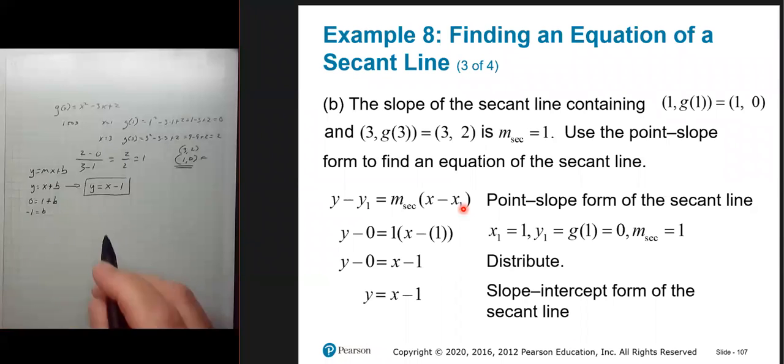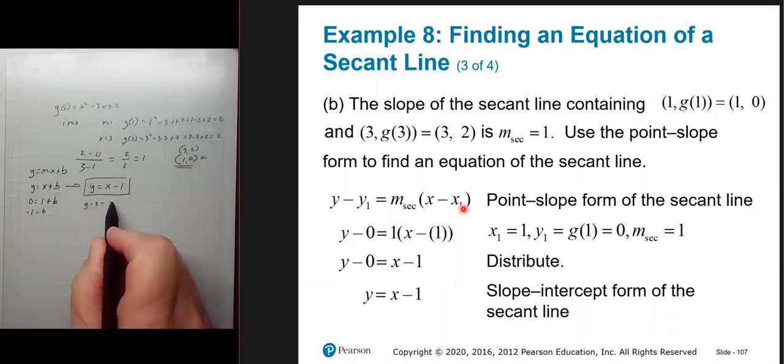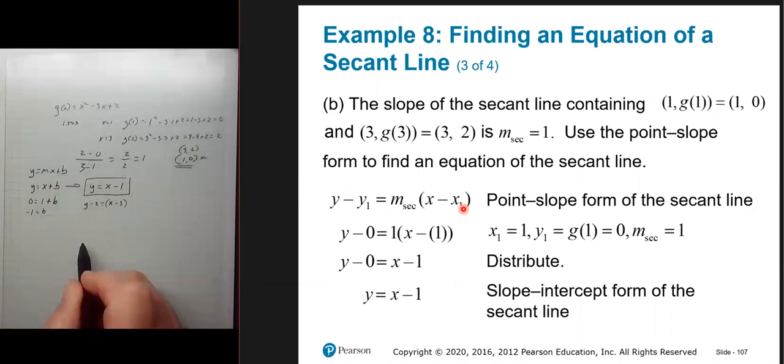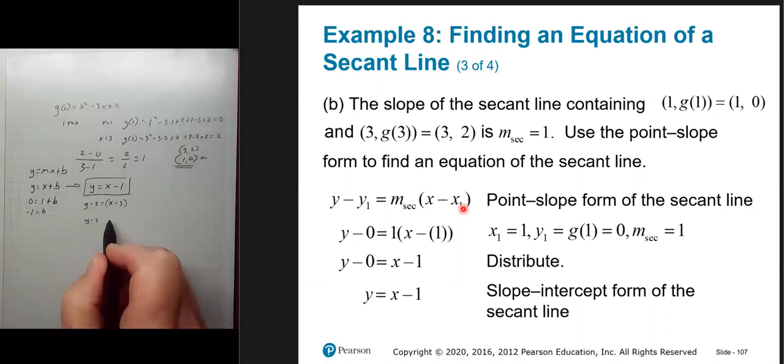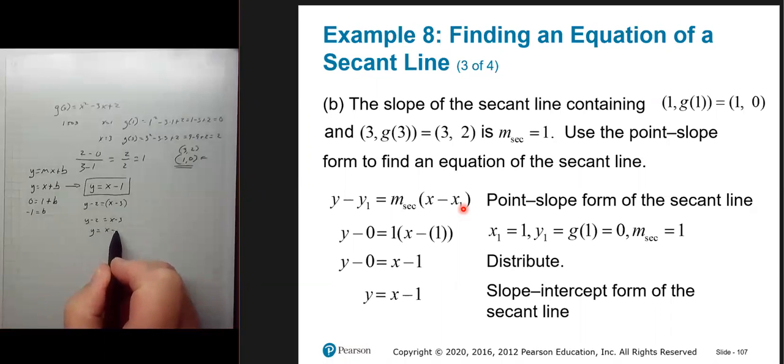So they could have done the same thing using 3, 2. So it would have been y minus 2 equals x minus 3. Adding 2 to both sides, you get y equals x minus 1, because negative 3 plus 2 is negative 1.